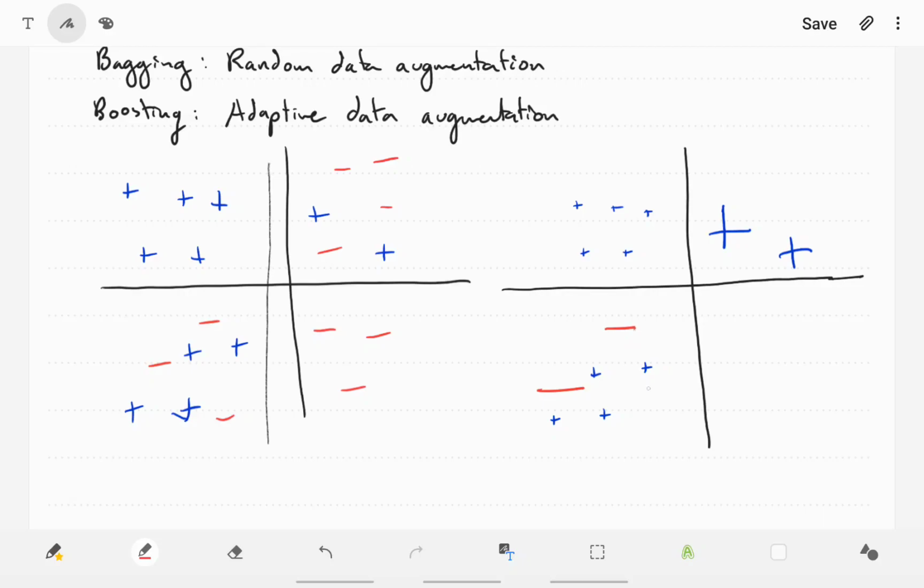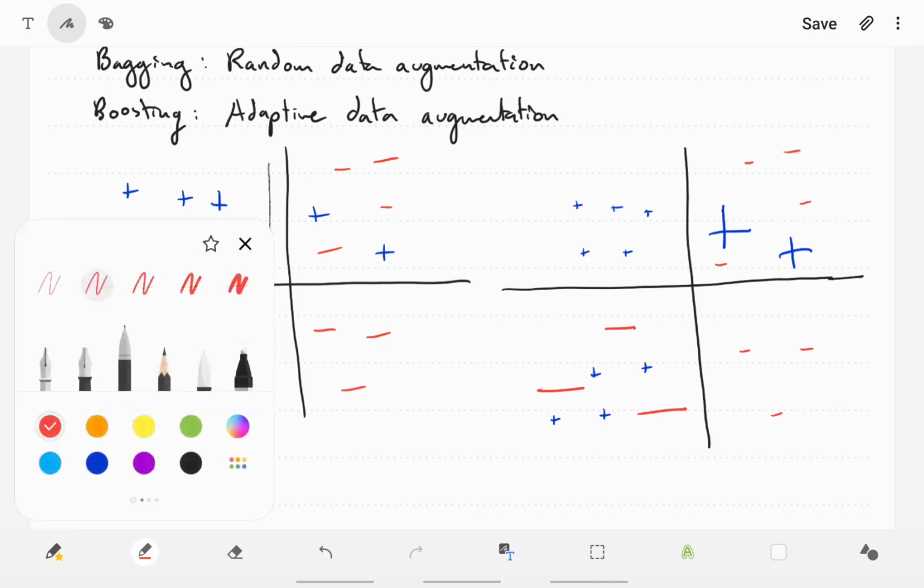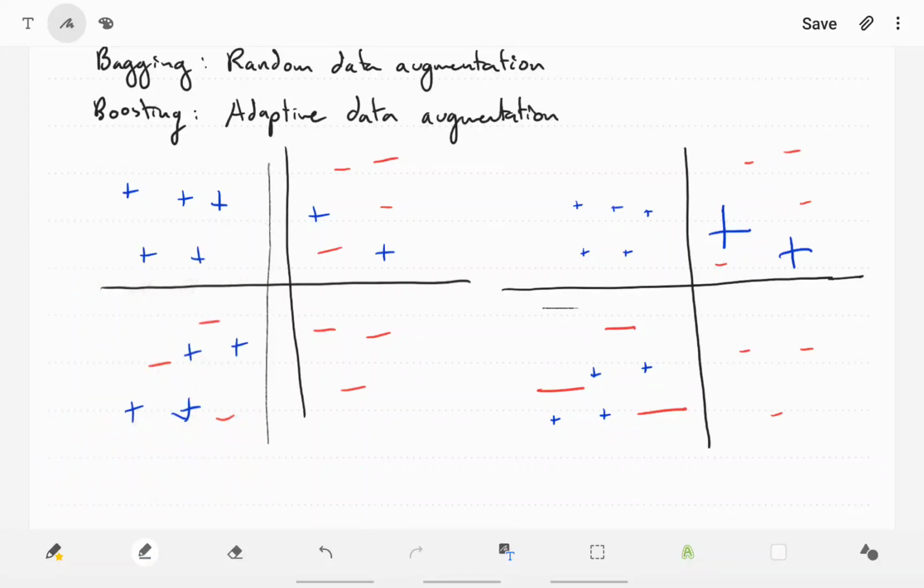So we have these misclassified points now upweighted, and then if we train a new classifier on this weighted data set, we might in turn get a different classification. For example, this split would then perhaps do a better job of separating out the blues from the reds after we do this data augmentation.